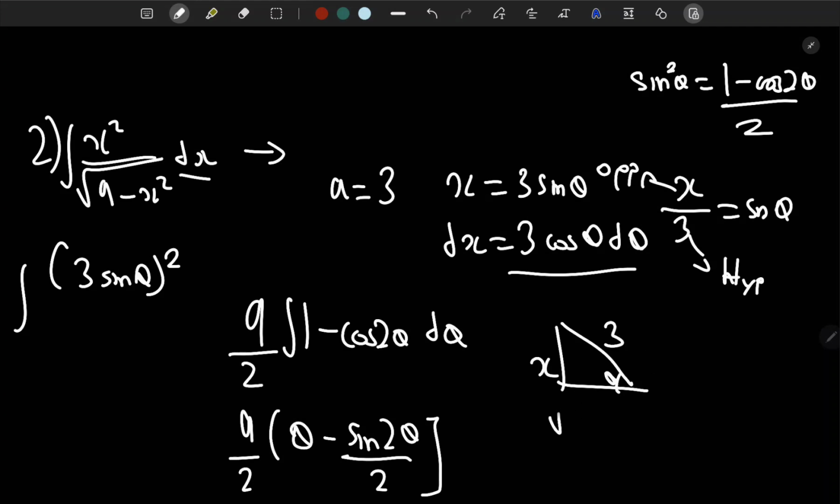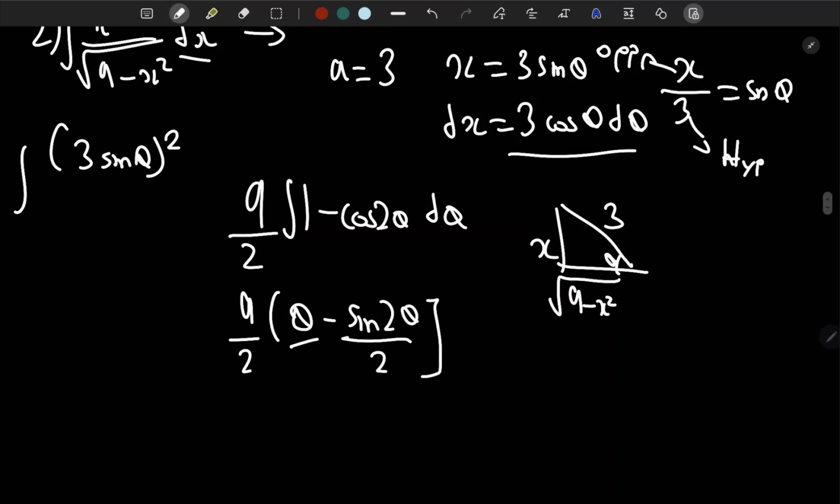So what is this side here? It is going to be the square root of 9 minus x squared. Now, how do you think we should solve for delta first of all?